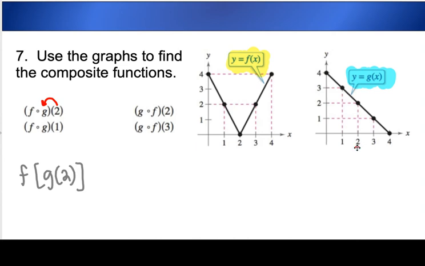And when I put a 2 in, I get a 2 out. So I'm going to take that 2 that I got out and put that into the f function. So I'm going to come over to my graph on the left and put that 2 into the f function, and when I put the 2 into the f function, I get a 0 out.